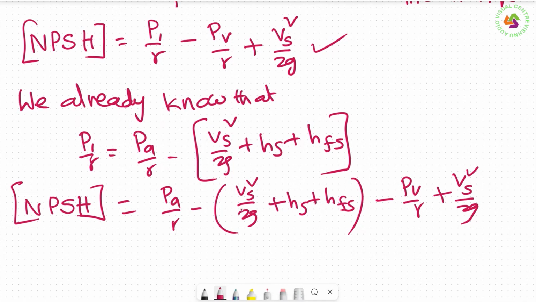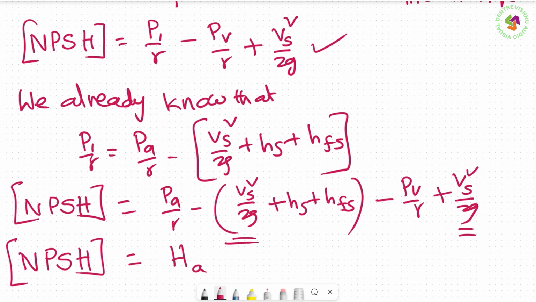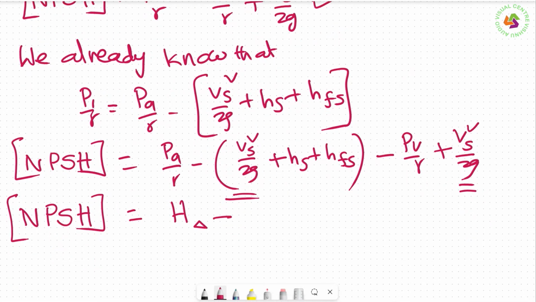The minus Vs squared by 2g and plus Vs squared by 2g cancel. Then NPSH is equal to Pa by gamma, the atmospheric pressure head, minus Pv by gamma, which is nothing but the vapor pressure head.